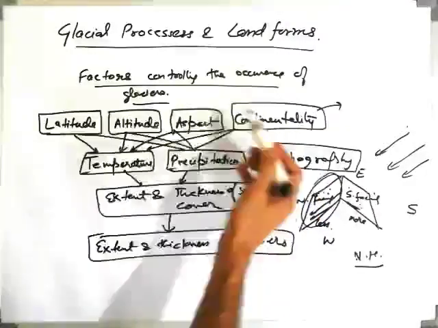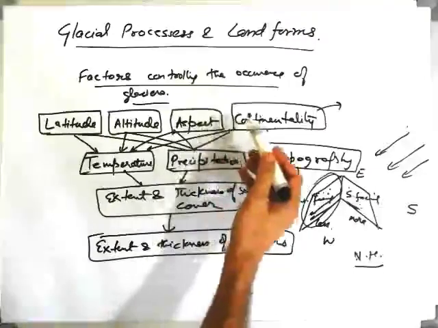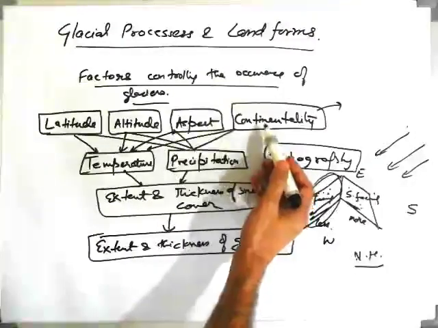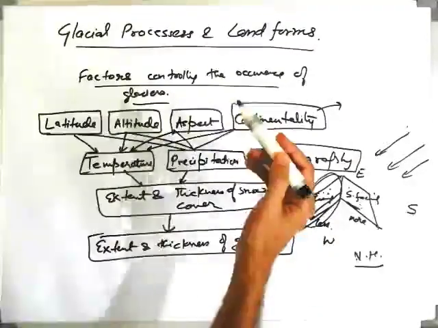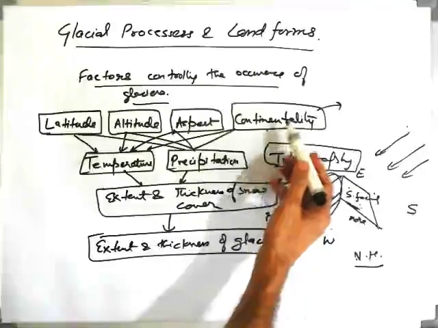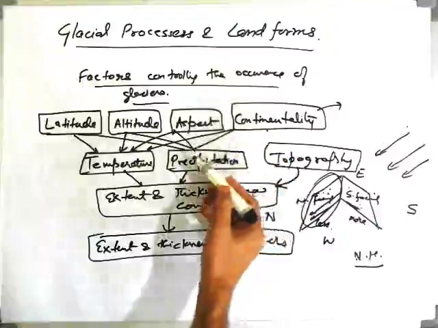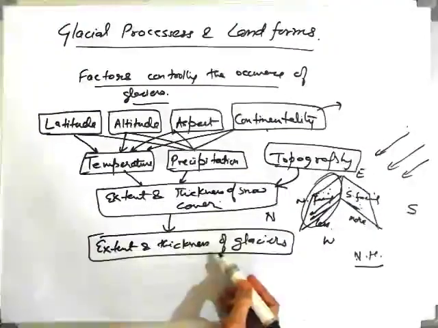And if at the same latitude, at the same altitude, with the same aspect conditions, there are two regions, one having a continental location, that is an interior location, and one having a maritime location, the interior one will have less moisture because it is far away from the ocean, so it will have less precipitation, less snowfall, less snow cover, and thin glaciers or no glaciers at all.